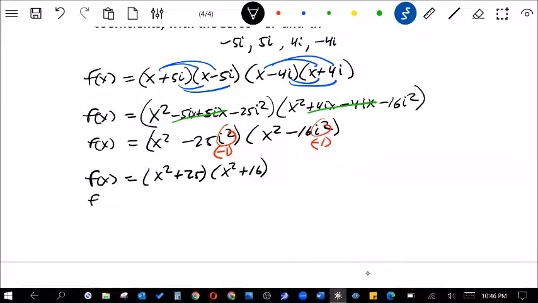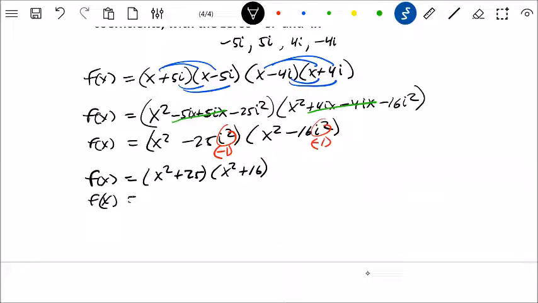And let's multiply those. x squared times x squared is x to the 4th, plus 16x squared plus 25x squared plus 25 times 16 is 400.